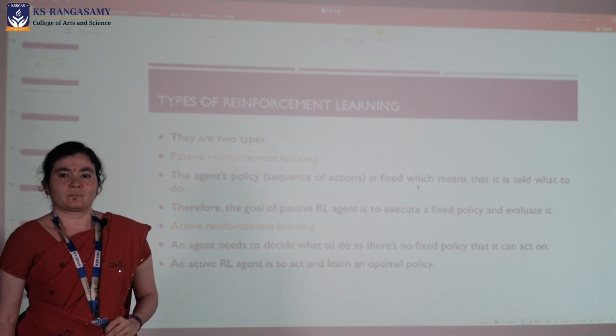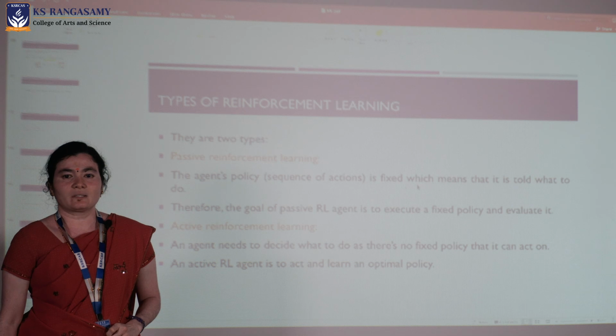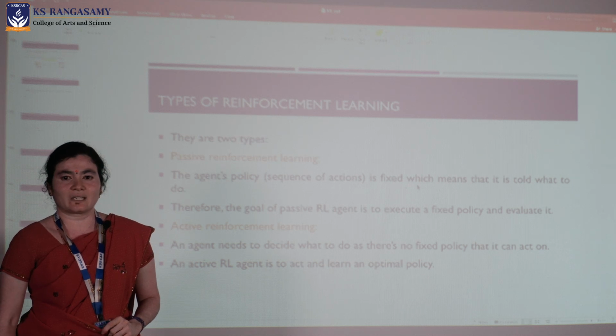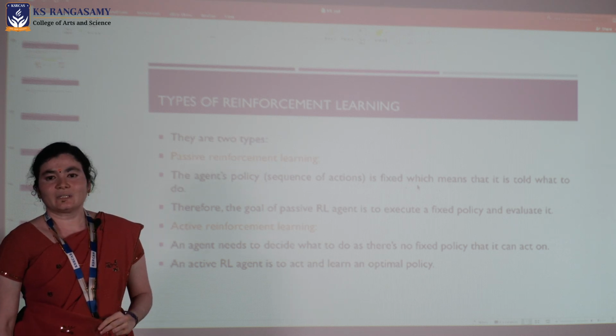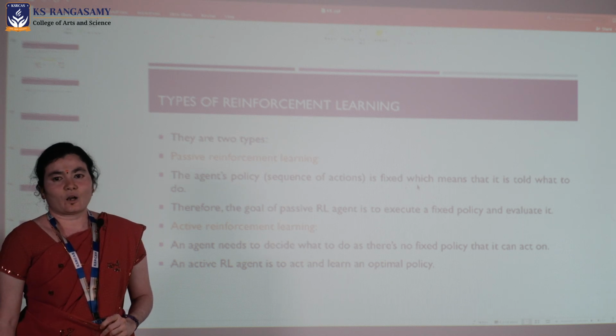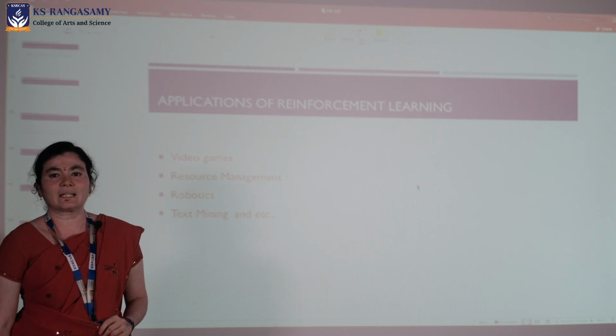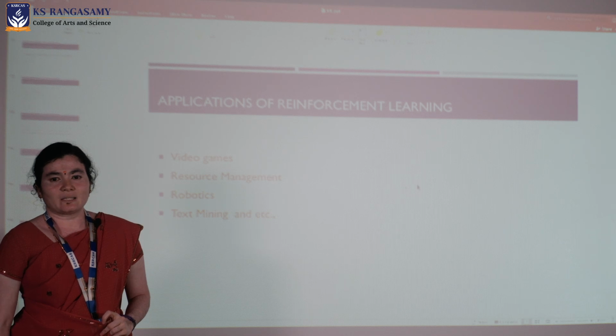Active reinforcement learning means what the agent does is not fixed, so no fixed policy is needed. Here the active agent acts on an optimal policy. Some reinforcement learning applications are video games, robotics, resource management, etc.